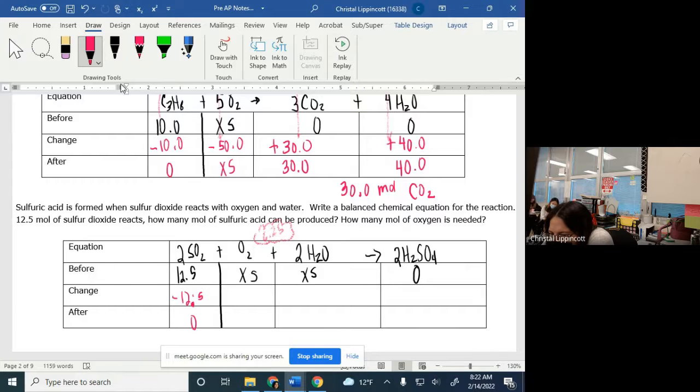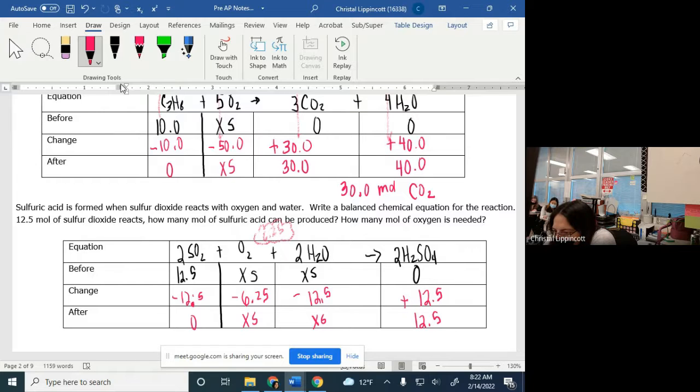Here, I'm going to use 6.25, and I'm still going to have an excess amount left over. Here, I'm going to use 12.5, and I'm still going to have an excess amount left over. Here, I'm going to make, so this is going to be a plus 12.5, and end up with 12.5 moles.